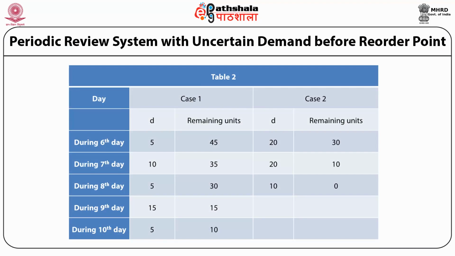During the 6th day, in case 1 D5 remaining units 45, case 2 D20 remaining units 30. During the 7th day, in case 1 D10 remaining units 35, case 2 D20 remaining units 10. During the 8th day, in case 1 D5 remaining units 30 and in case 2 D10 remaining units 0. Similarly, in case 1 on the 10th day D5 and remaining units is 10.